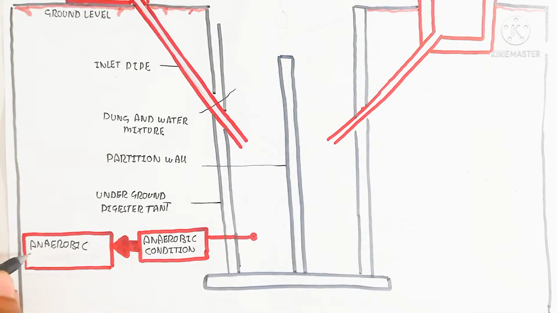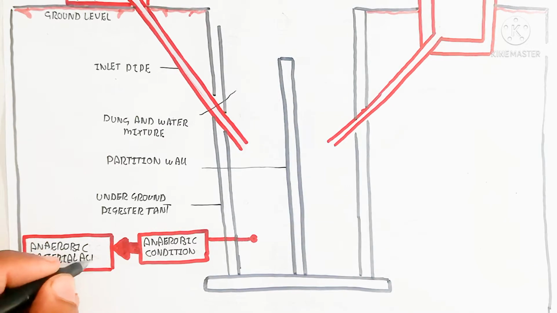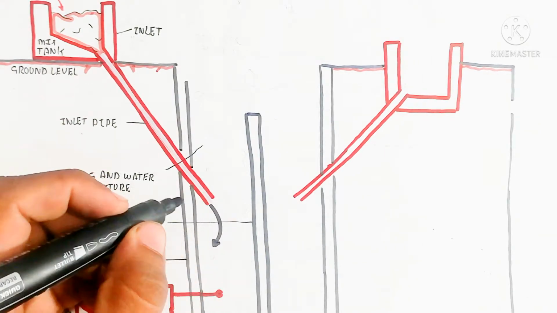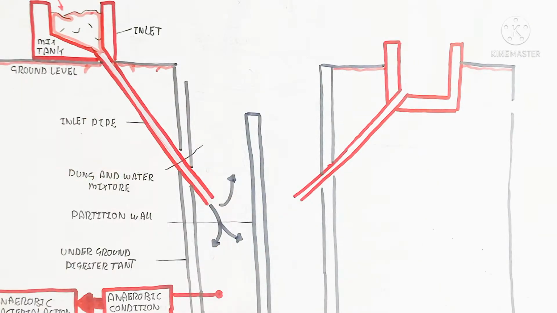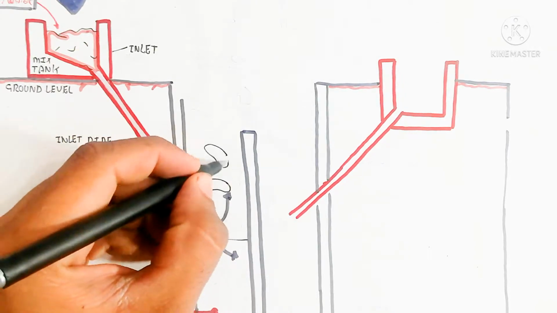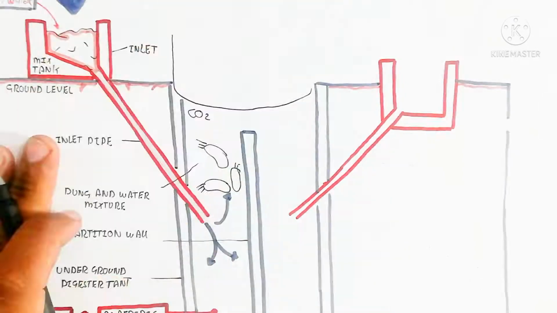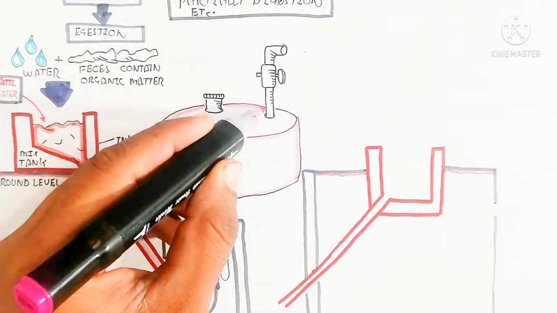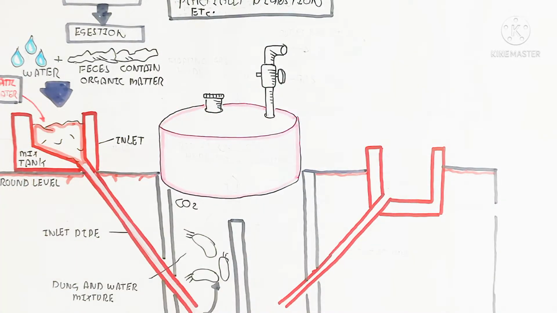Anaerobic bacteria act for further breakdown, and bacteria use carbon dioxide to produce methane, known as methanogens, using the energy from the decomposition of the dung. After this, biogas is produced.